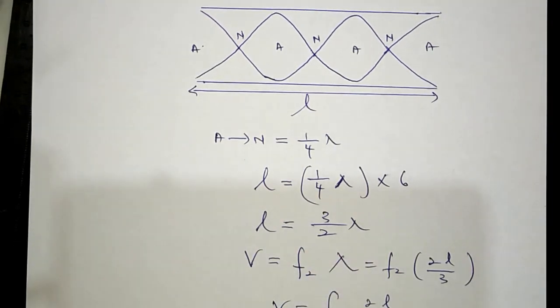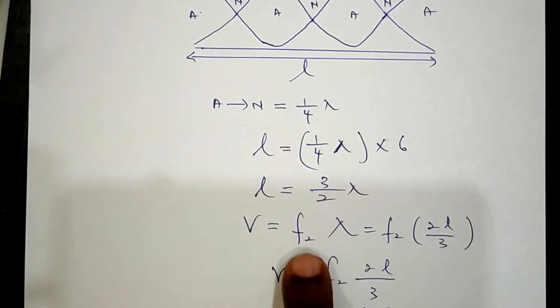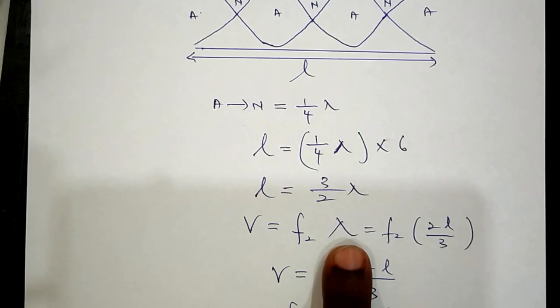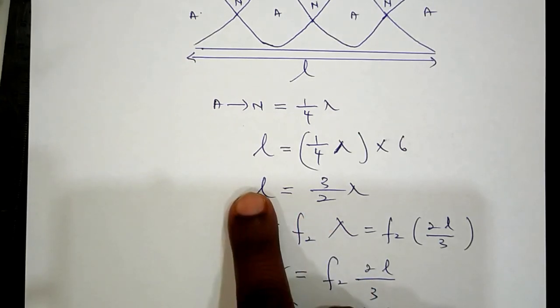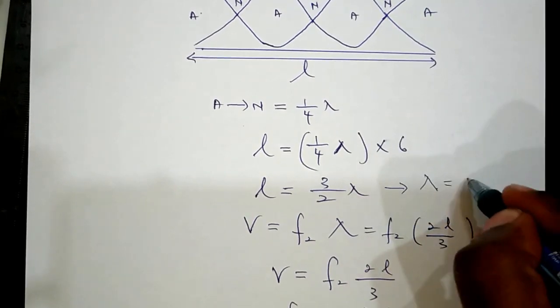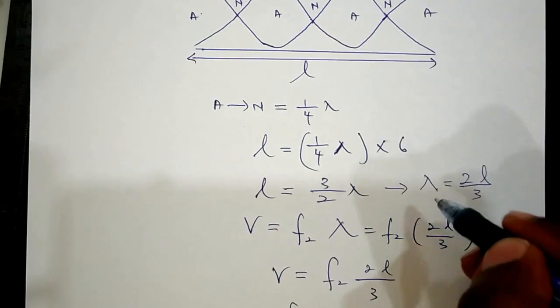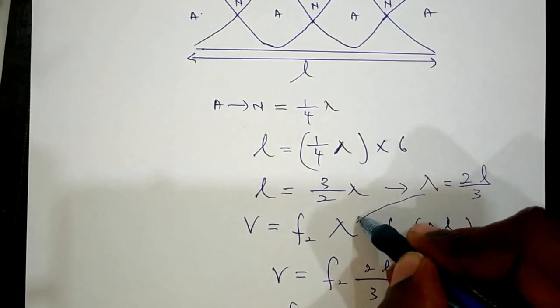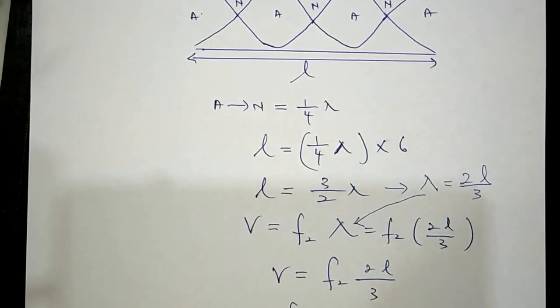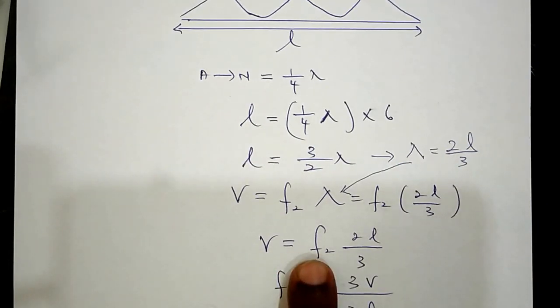And again, from the speed of wave propagation, v equals f2 lambda. F2 is the second overtone, and lambda equals 2L over 3. I can substitute this lambda into this formula, so we get v equals f2 times 2L over 3.